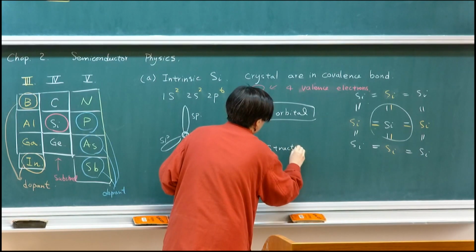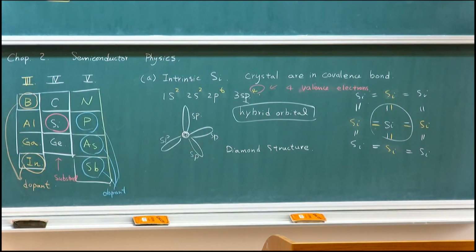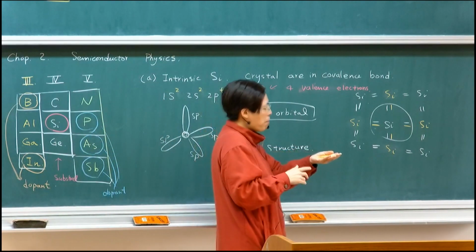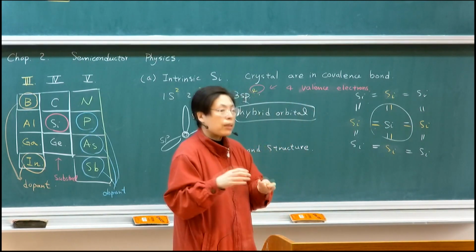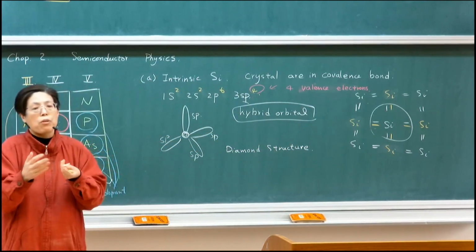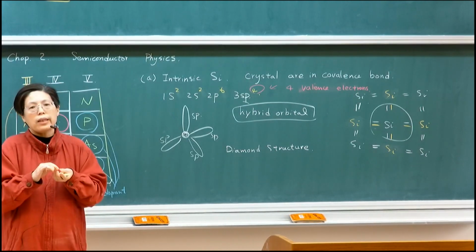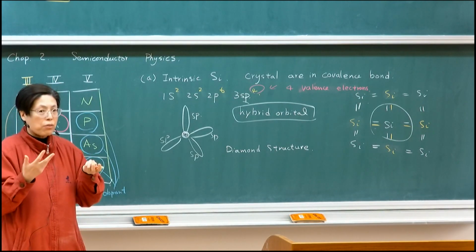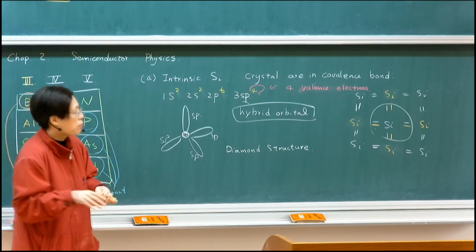The crystal is in a diamond structure. Okay? But if you flatten it out, it will look something like this. Because, as I said, these bonds are relatively stable, you will not have free electrons and holes lying around in this crystal.